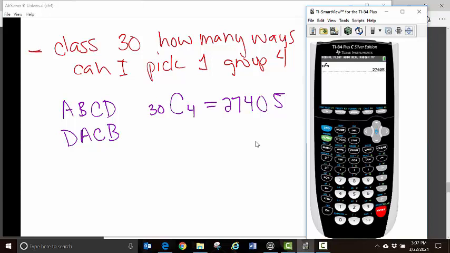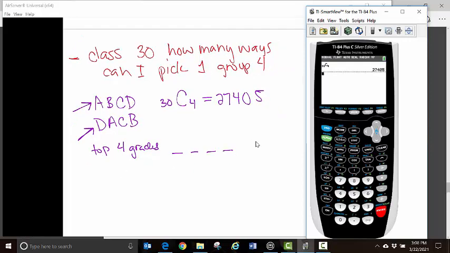Question, how many ways could I award the top 4 grades? So now you'd want to be first place, second place, third place, or fourth place. This one, Amy's happier. This one, Dawn's happier. So now order matters, right? They're different. How many ways can I arrange the top 4 grades?